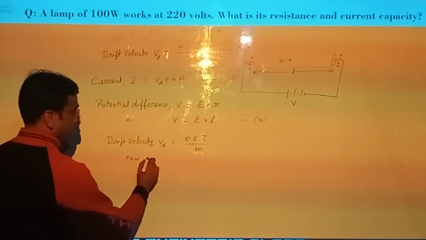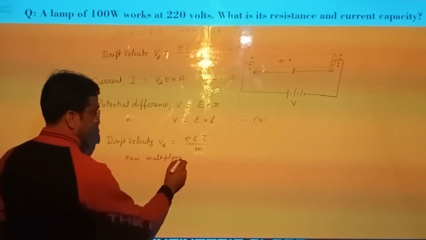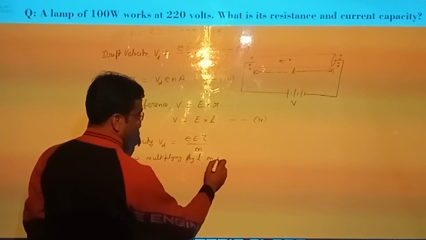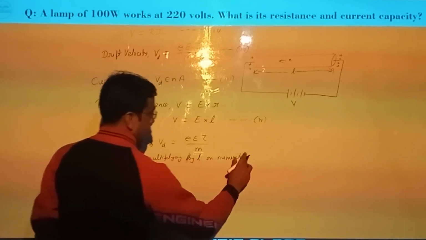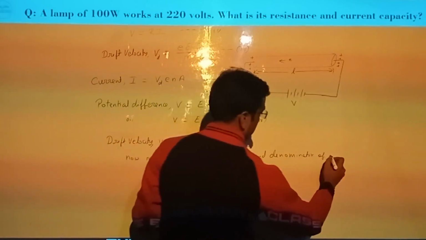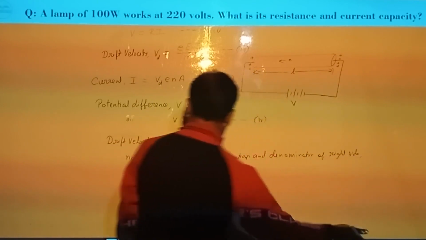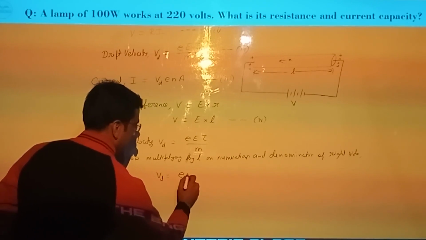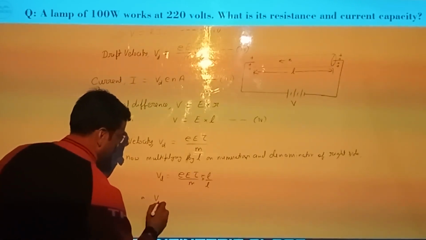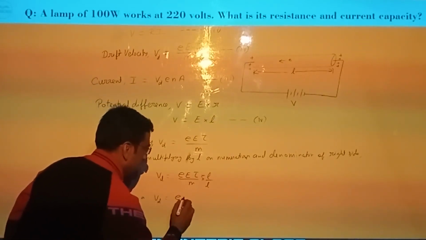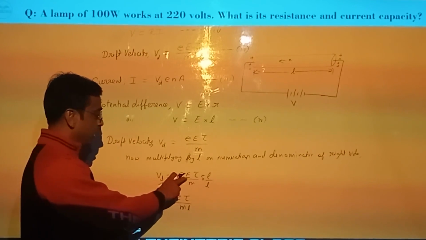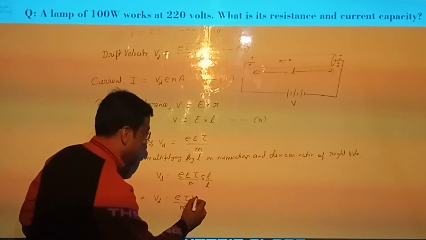Now multiplying by L on numerator and denominator of the right side, we have drift velocity equal to e tau upon m into EL upon L. From equation number 2, E into L can be written as potential difference V.